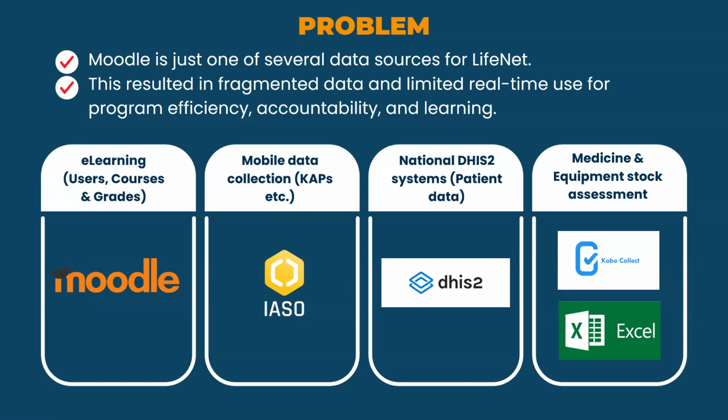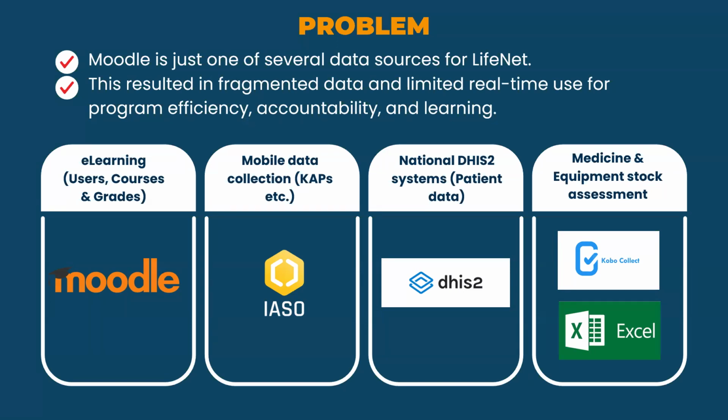We also have mobile data collection, for example, where we collect the knowledge, attitudes, and practices of healthcare workers using the IAZO. IAZO is an ODK-based platform that can collect information from healthcare facilities offline and online. And then we also have the national DHIS2 systems in the 6 countries where we operate.